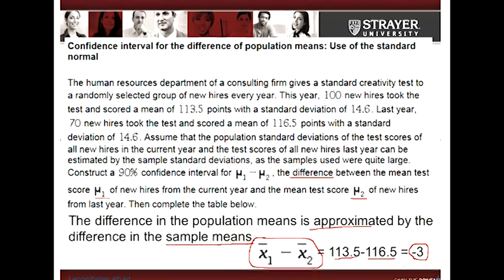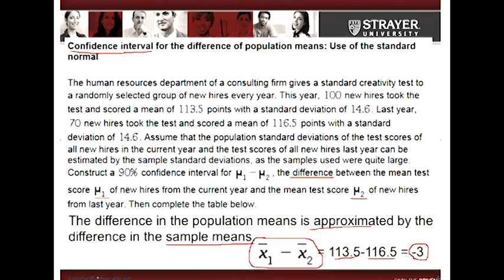So this is our sample difference. The difference of the two sample means, our test statistic, is -3. This is the mean that we're going to work around. Now remember, on this particular problem, we're looking for a confidence interval, but a lot of things transfer from confidence intervals to hypothesis tests.